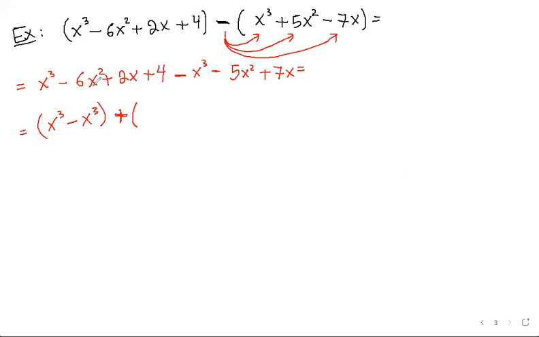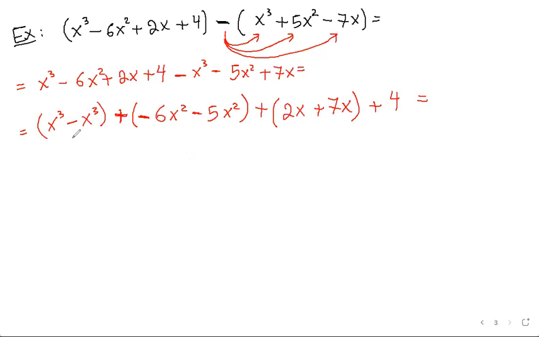Here we have minus 6x squared, minus 6x squared. We have here minus 5x squared. We have another square? No. We combine together. Plus, we have 2x here. We have 7x. We have 4 only. We don't have any other numbers. So plus 4.